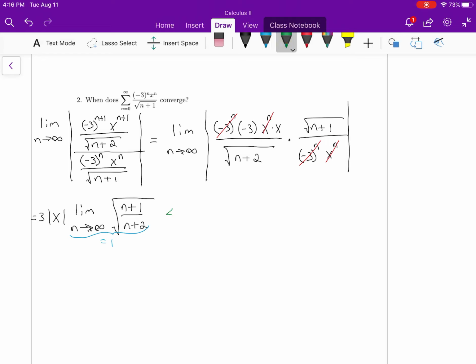So that means we want to know when this entity is going to be less than 1. And that will be when the absolute value of x is less than 1/3, which in interval form corresponds to x between negative 1/3 and positive 1/3.